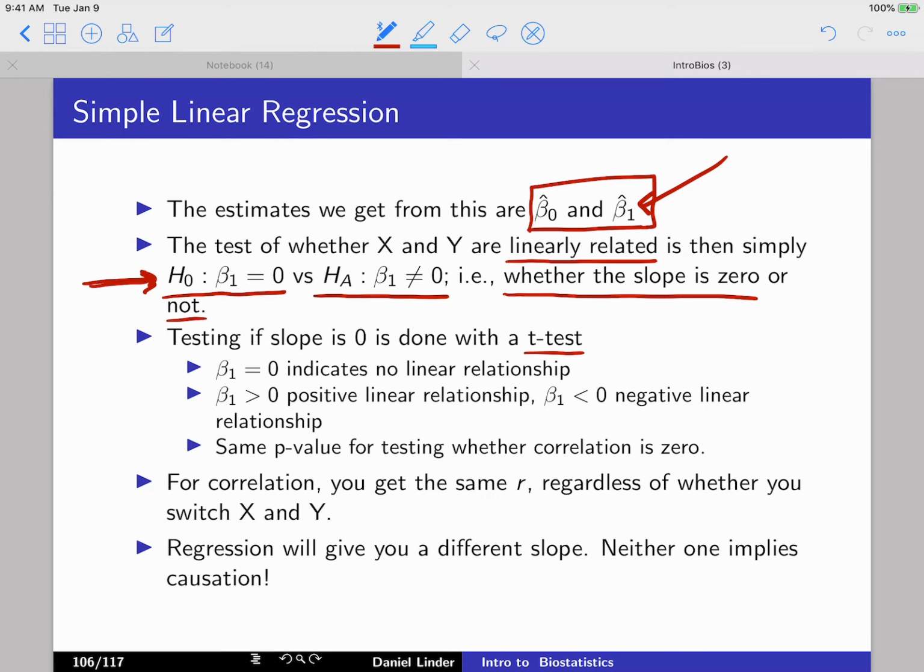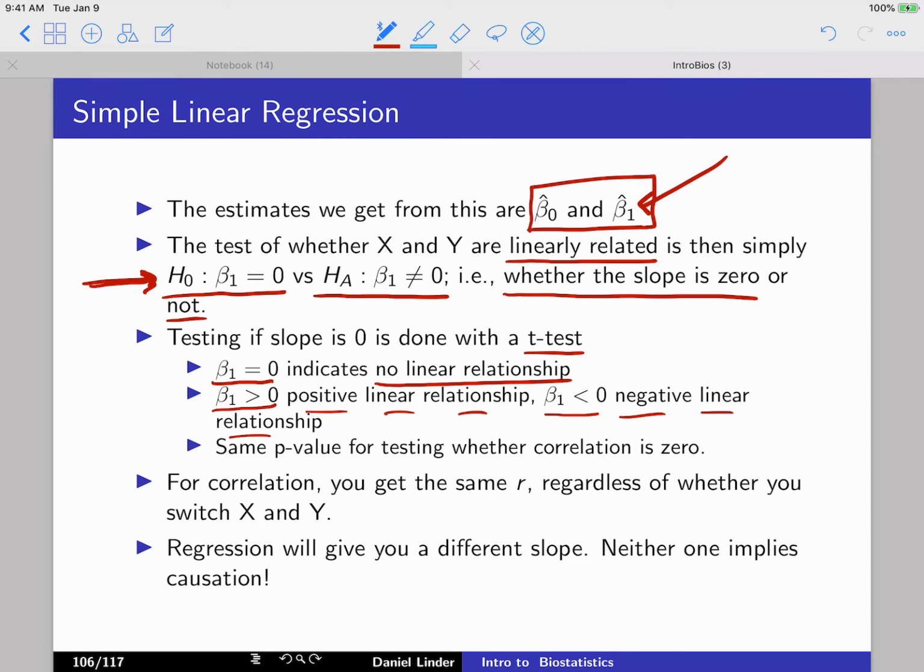If beta were equal to 0, that would indicate there is no linear relationship between X and Y. If beta were greater than 0, it would indicate a positive linear relationship. And if our slope beta 1 were less than 0, it would indicate a negative linear relationship between X and Y.